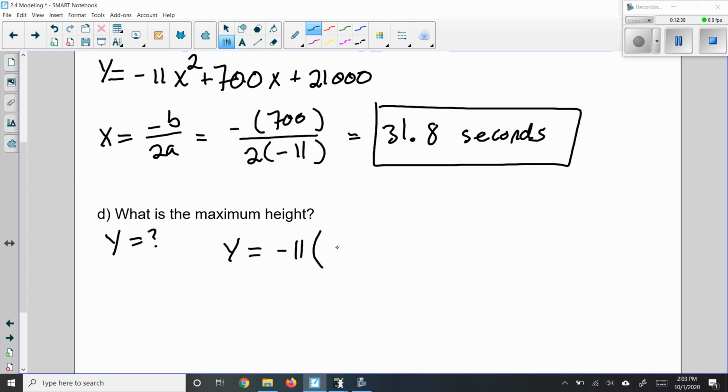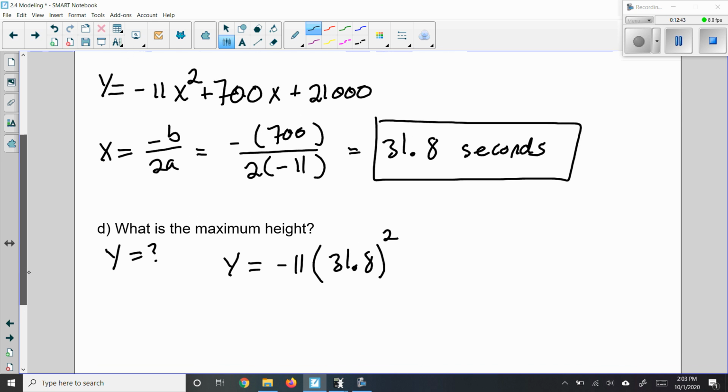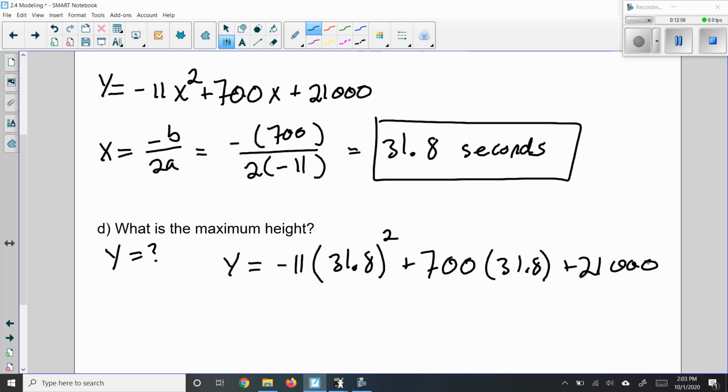So this is negative 11 times 31.8 squared, we're using this equation up here, plus 700 times 31.8 plus 21,000. So the maximum height is 32,136.36 feet.